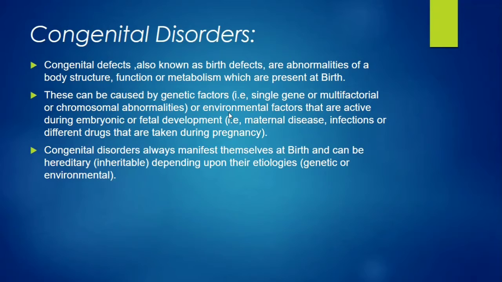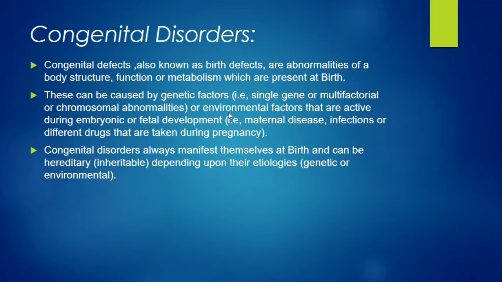For example, that will include maternal disease such as diabetes mellitus or thyroid or anemia or different types of infections, and the different drugs that are taken during the pregnancy or before pregnancy. The main thing you have to consider about the congenital disorder is that they always manifest themselves at birth and can be hereditary, that is, they can be inheritable depending upon their etiologies.